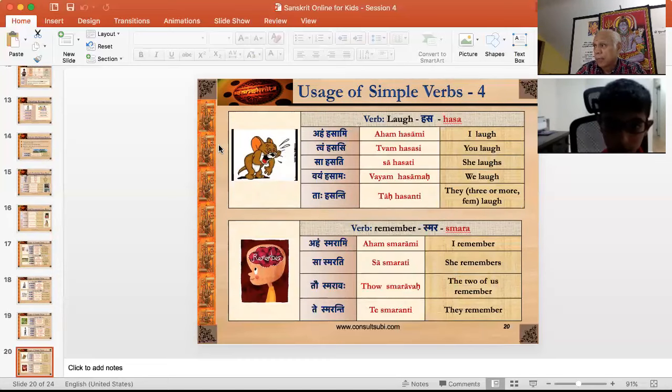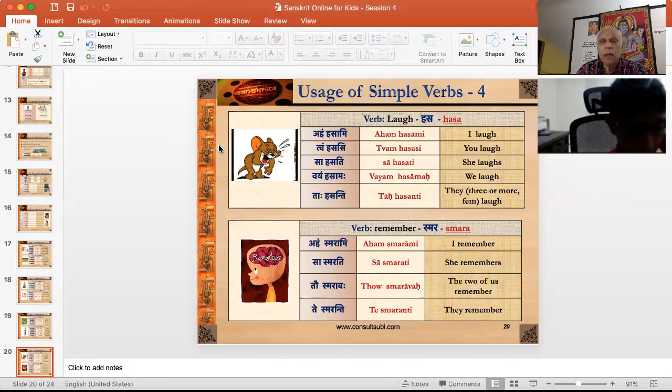One more example. I laugh. Aham hasami. Tvam hasasi. Sa hasati. Vayam hasamaha. Ta hasanti. One word laugh has got 5 different notations. Hasami, hasasi, hasati, hasamaha, hasanti.